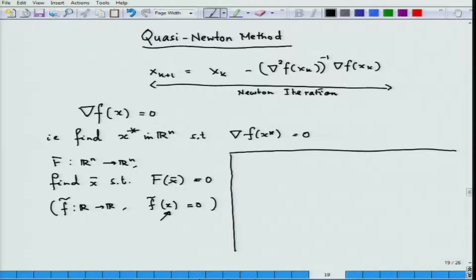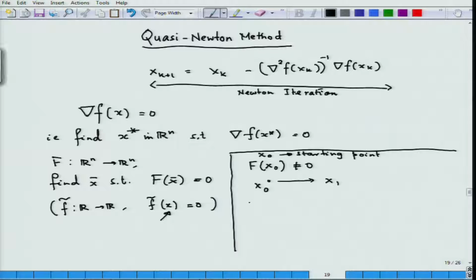Now, suppose I start with a point x naught, my starting point. Suppose f of x naught is not equal to 0, then I must move from x naught to some x 1. How do I do that?